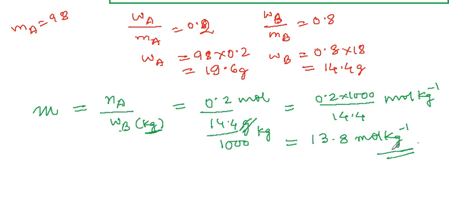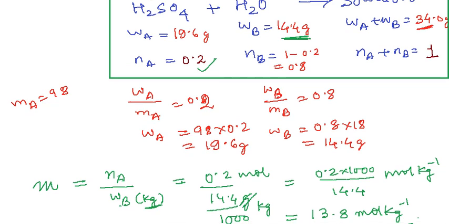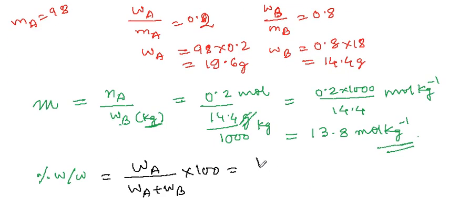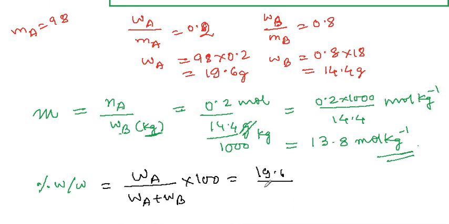So if we have to calculate the percentage by mass, we can have the weight of the solute out of the total weight of the solution multiplied by 100. So the weight of the solute that we have is 19.6, and the total mass of the solution is 34.